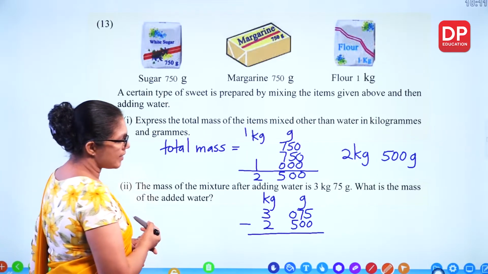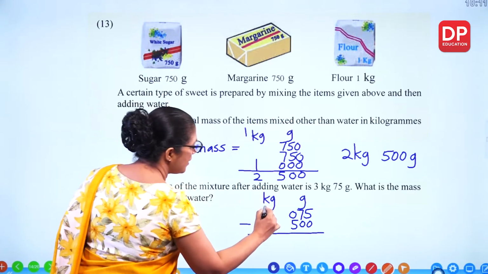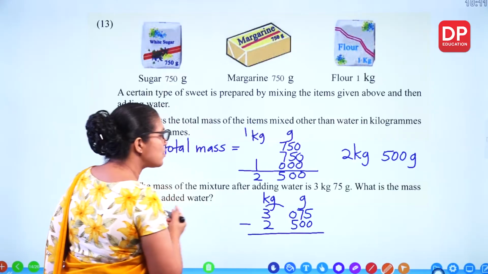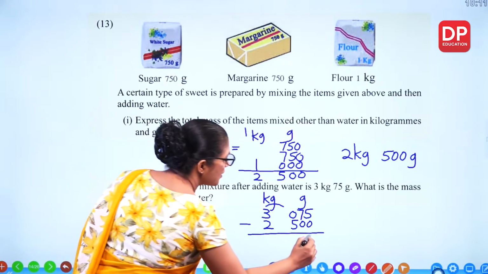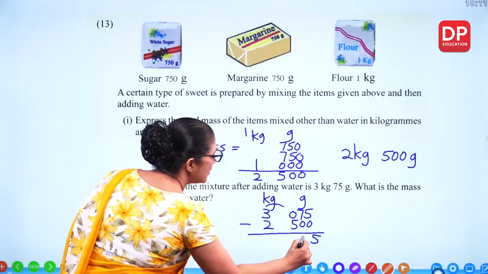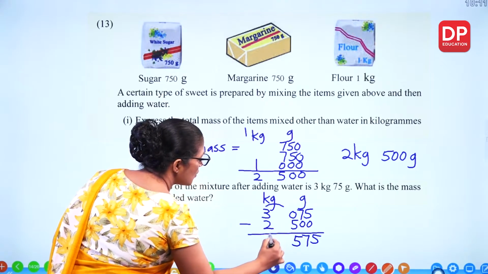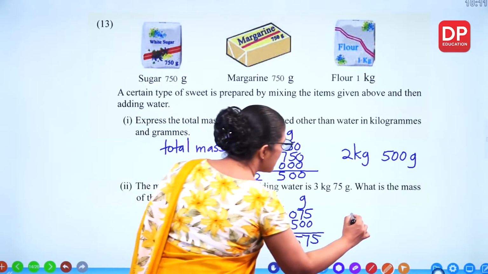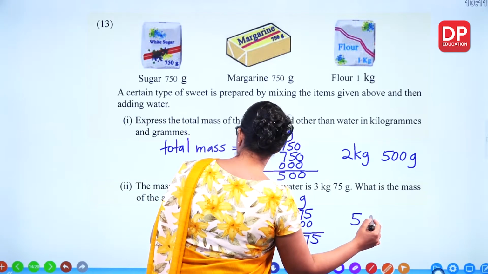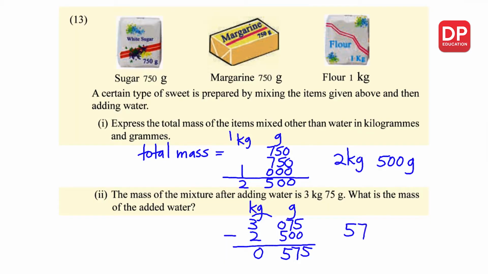You can't subtract here, so we need to take 1 here. 1075 minus 500. 5, 7. And 3 minus 2 is 1. So what's the mass of water added? 575 grams.